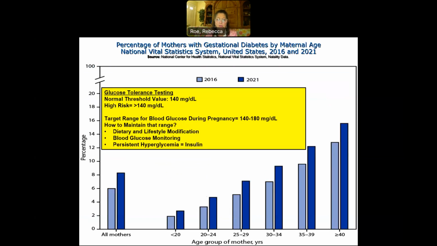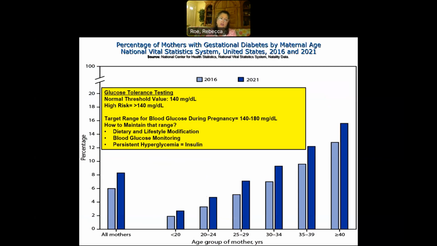Every single pregnant woman comes in to be prenatally tested. The first thing they do is a glucose tolerance test. And so they look and see what your risk factors are. But every single person that's average or at high risk for gestational diabetes is going to have a glucose tolerance test.